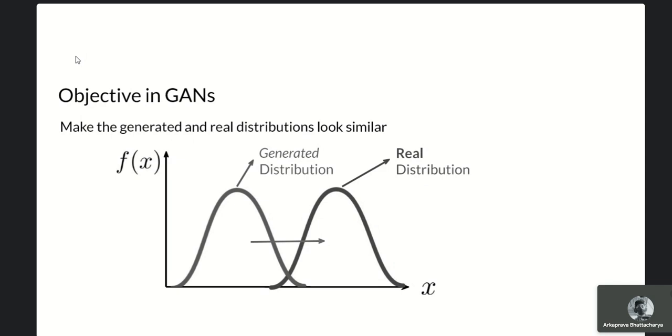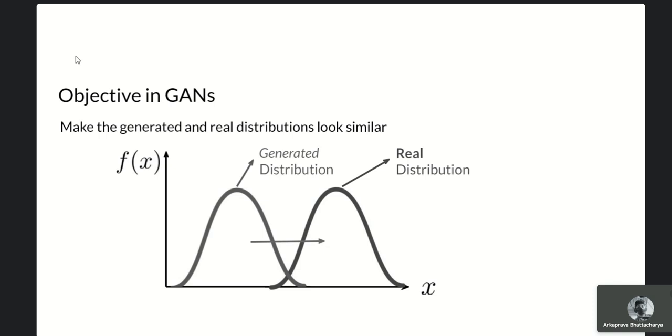Another problem that I talked about was the vanishing gradients problem, that GANs also suffer from. What we see is that the BCE loss function causes mode collapse as well as the vanishing gradient problem. So we'll start with how this problem of vanishing gradient actually occurs.